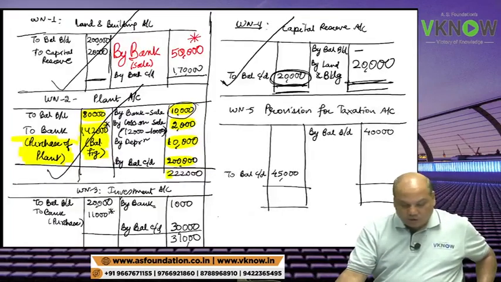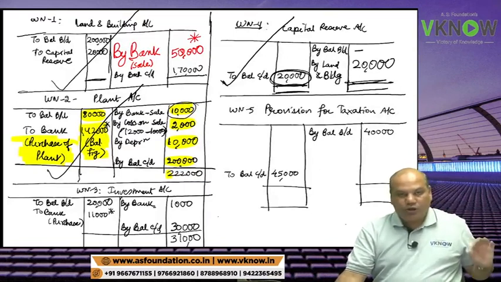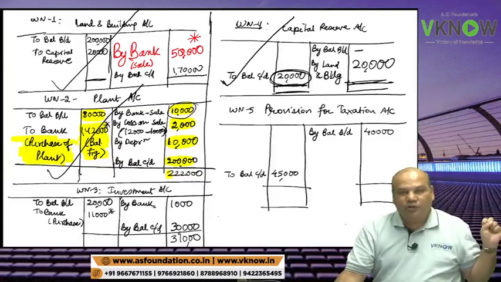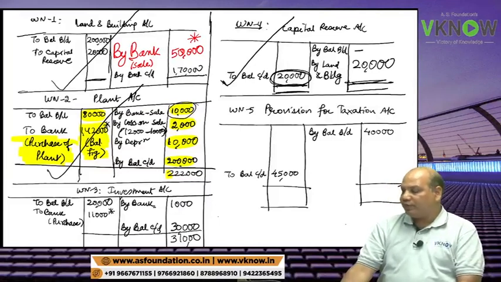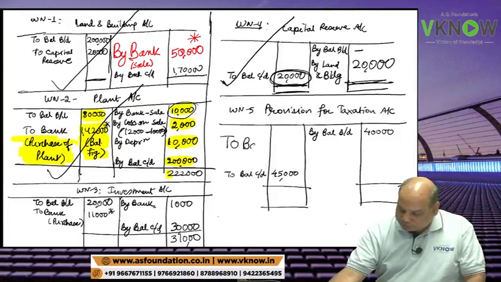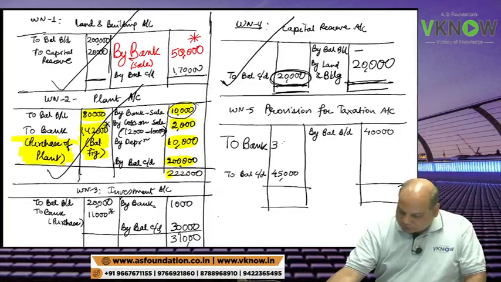Now the last point is income tax paid during the year is rupees 35,000. Entry for income tax paid, on the screen, working note 5. Provision for taxation account, debit to bank 35,000.